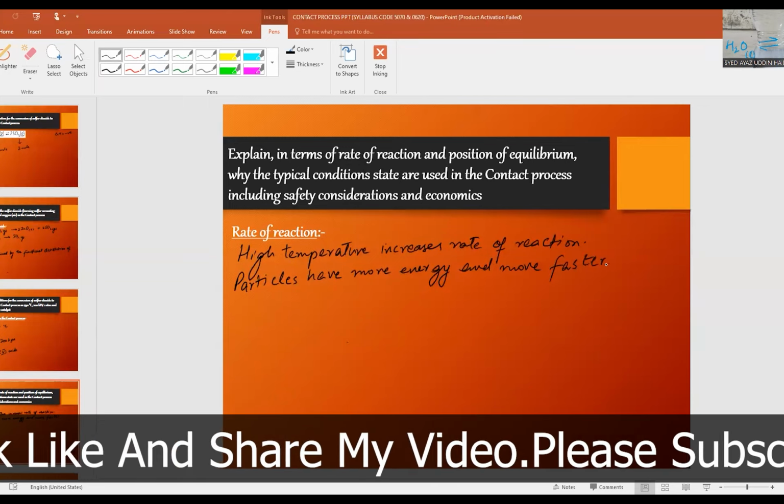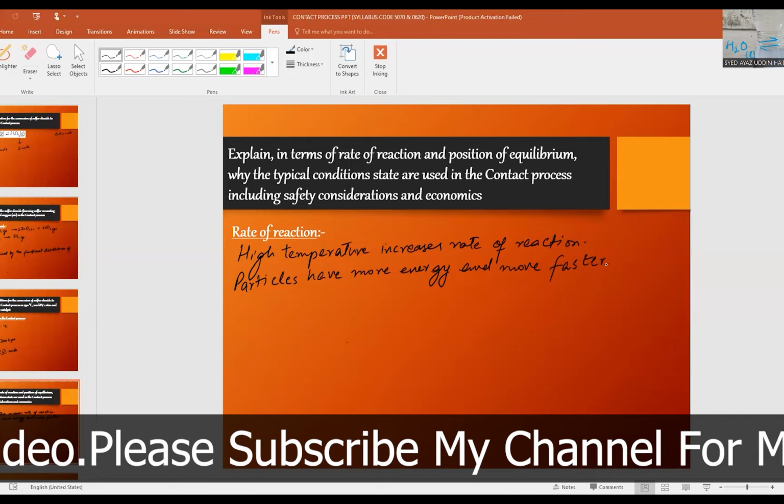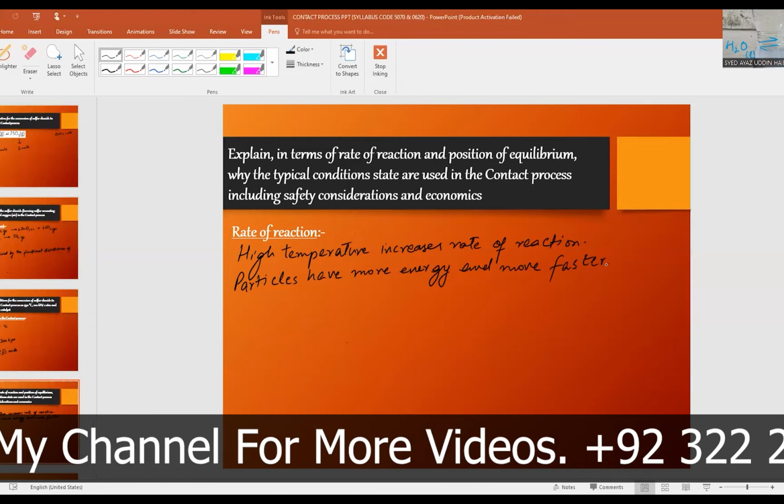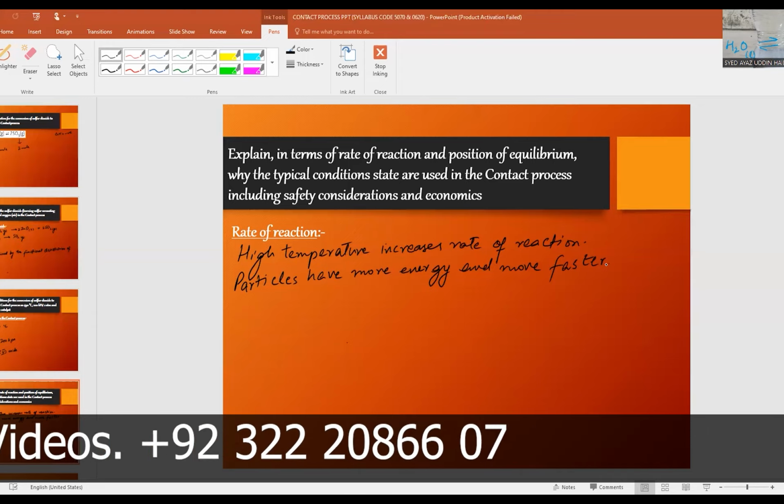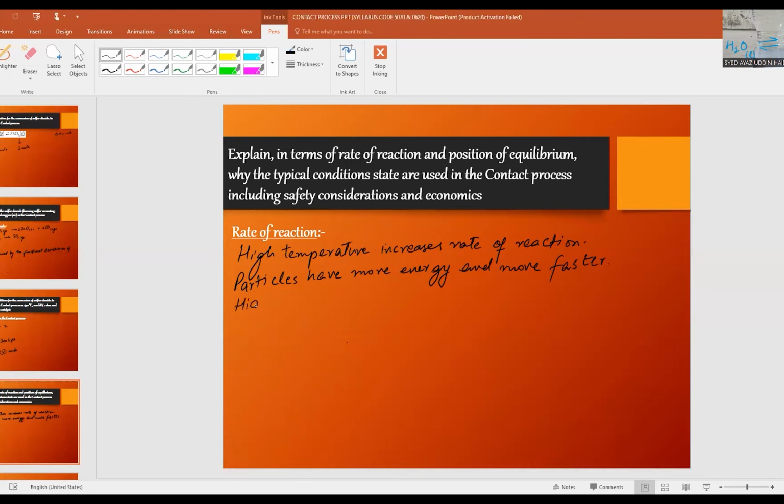Change in pressure also has an effect on the rate of reaction because there are gases on both sides of the reaction. High pressure decreases the total volume occupied by the gases.